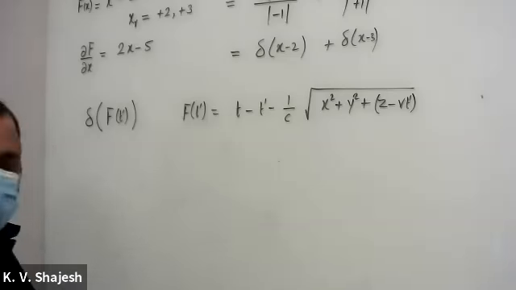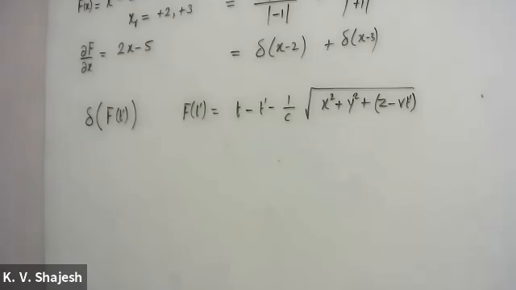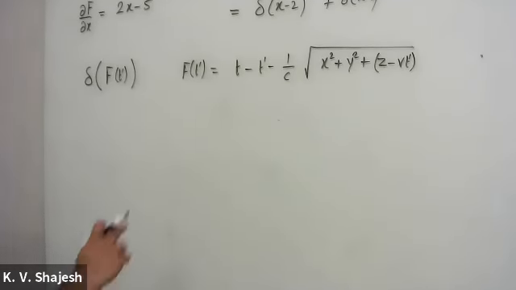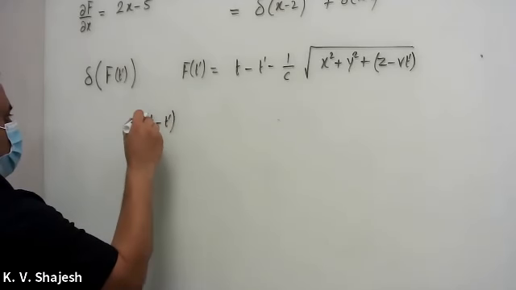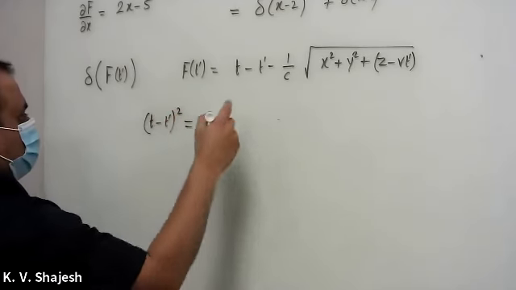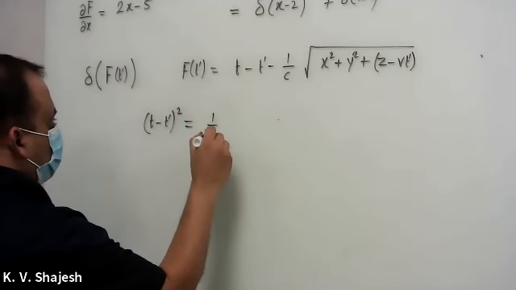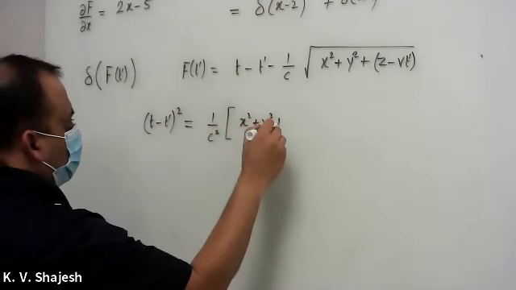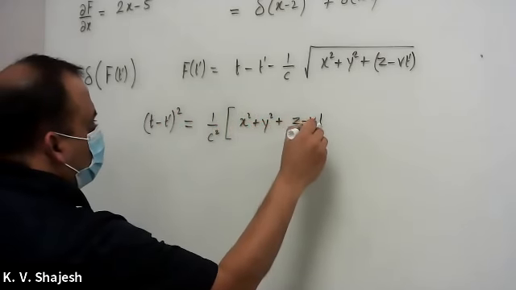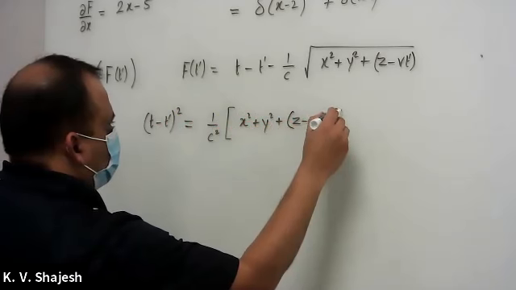So we have to set this to 0. That means t minus t prime squared is equal to 1 over c squared times x squared plus y squared plus z minus vt prime squared.